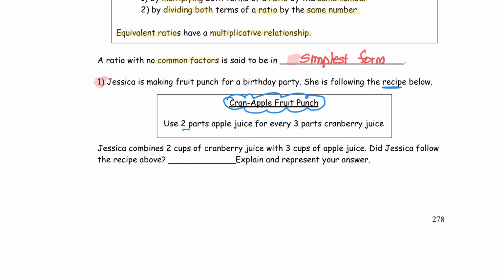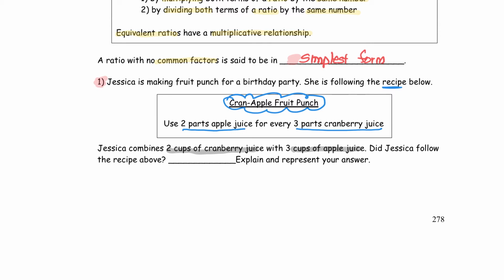She uses 2 parts of apple juice for every 3 parts of cranberry juice. Jessica combines 2 cups of cranberry juice with 3 cups of apple juice. So let's look at that here. 2 cups of cranberry juice, 3 cups of apple juice.